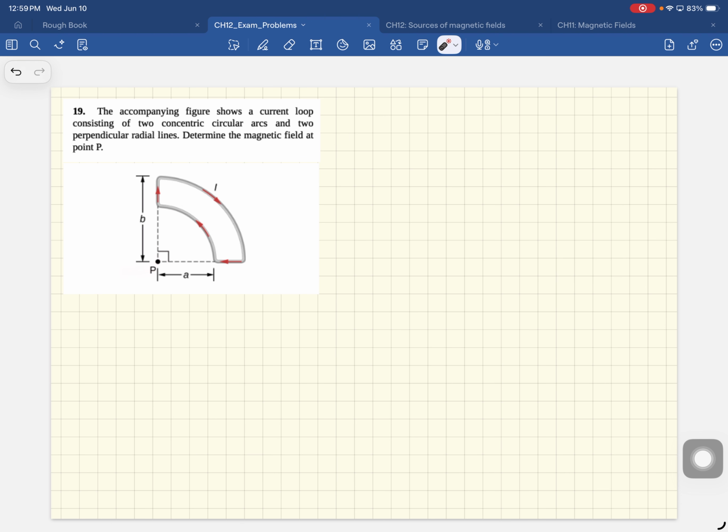What is the field due to this guy? The radius is b, so the same expression, except that it is pointing into the sheet.